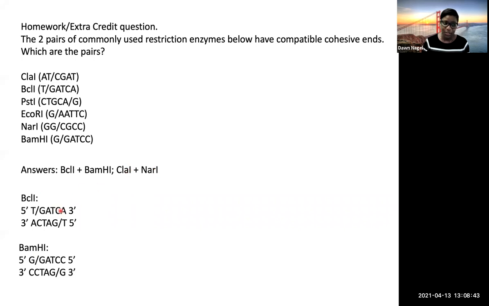And the way you go about these questions, because I know that some of these questions can come up in your MCAT exams, is you want to think in terms of where the restriction enzymes are cutting, and what type of overhang you're going to have, to see whether or not it's compatible. So when a sequence is listed, you always want to write the orientation, and you also want to write the other strand.